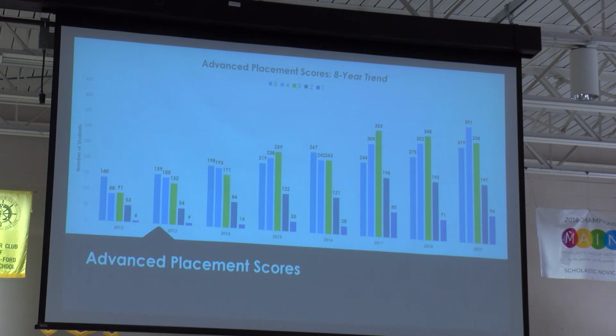And for those of you that don't know, most of you do, most colleges and universities will accept a 3 as a passing grade and would allow credit to be earned. Some may be different, some don't accept it at all, but for the most part, colleges do accept a 3 as a passing grade. You can see the numbers just keep going up.